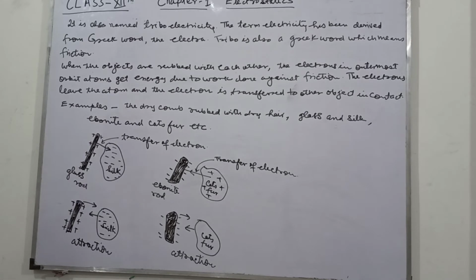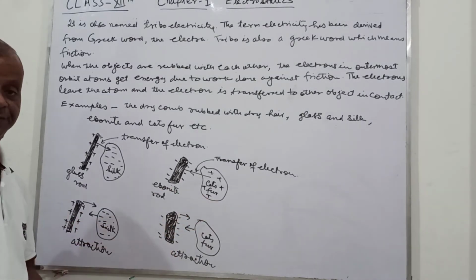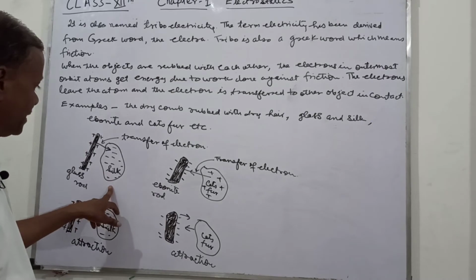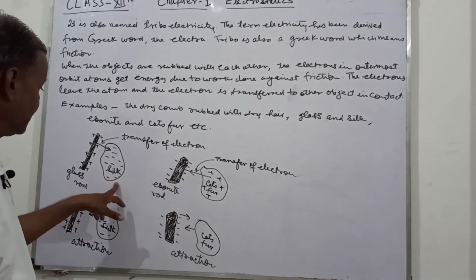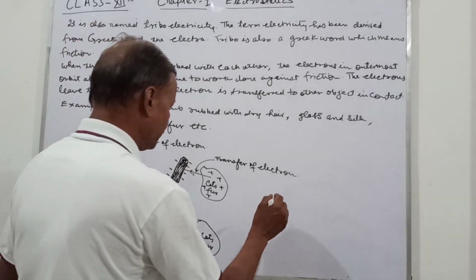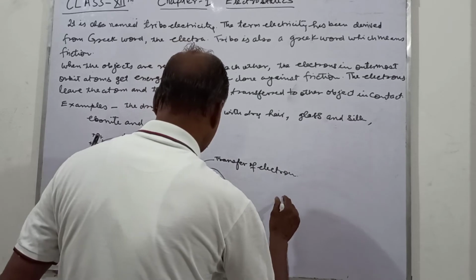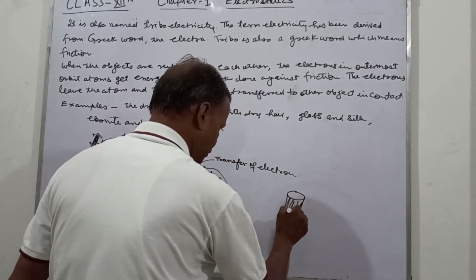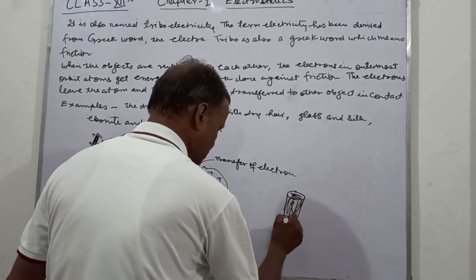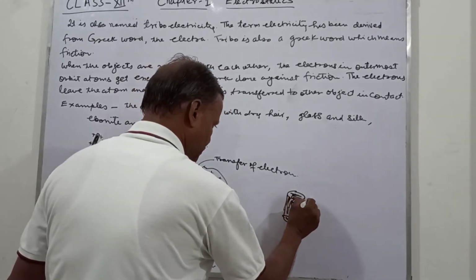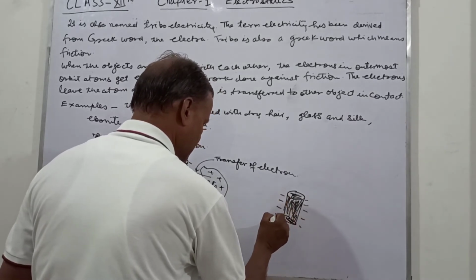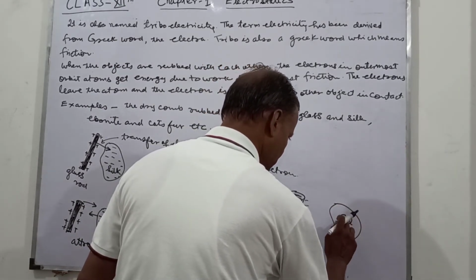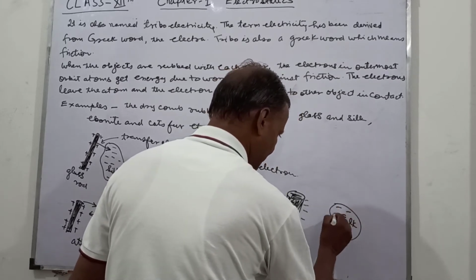So in this kind of phenomenon, two objects feel attraction, or we have repulsion. Suppose we have the ebonite rod, negatively charged, and a silk, also negatively charged.